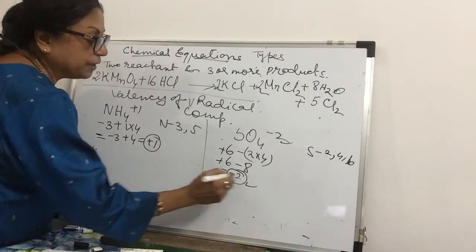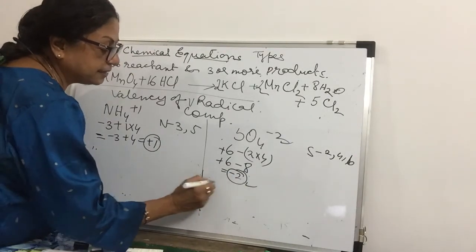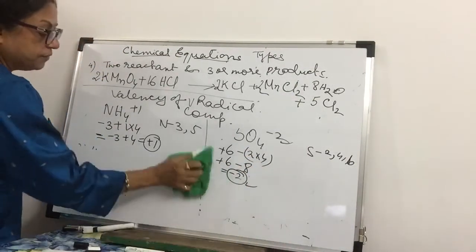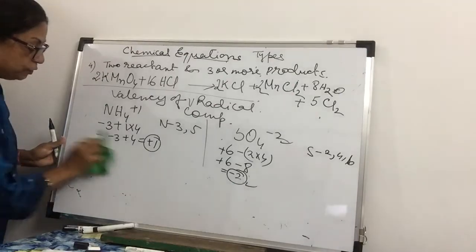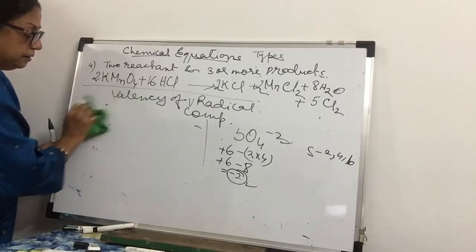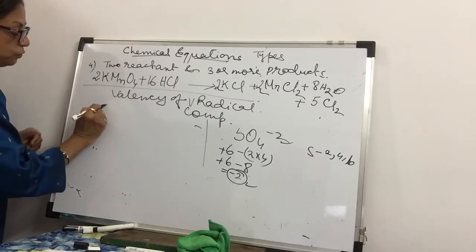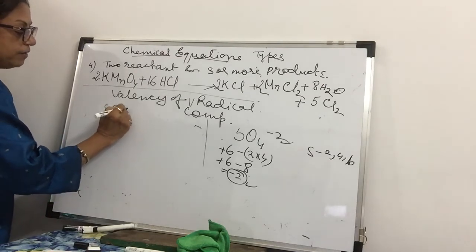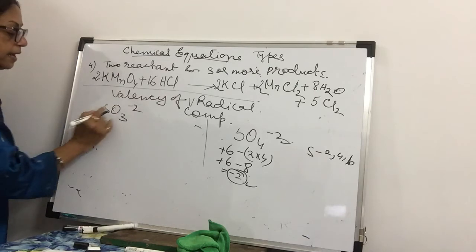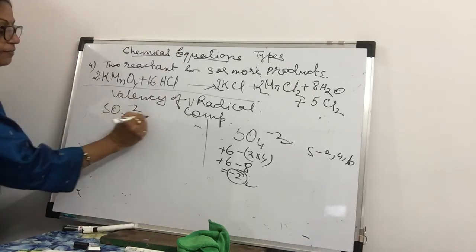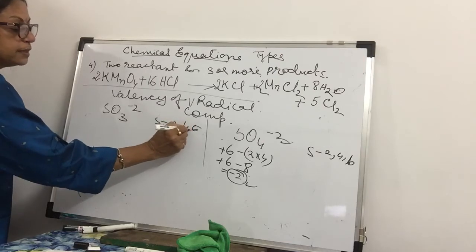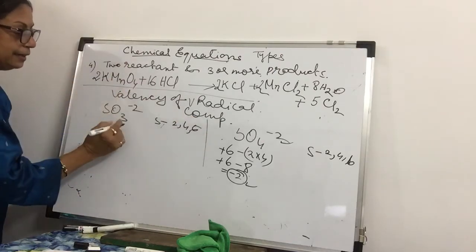Same way, if you take sulfite, SO3, it has valency 2 only. How do you get it? Sulfur has valency 2, 4, 6, as I told you in the last video.